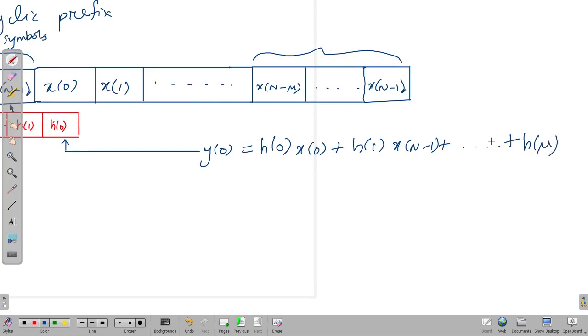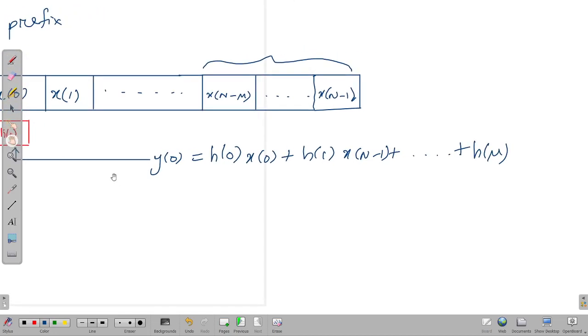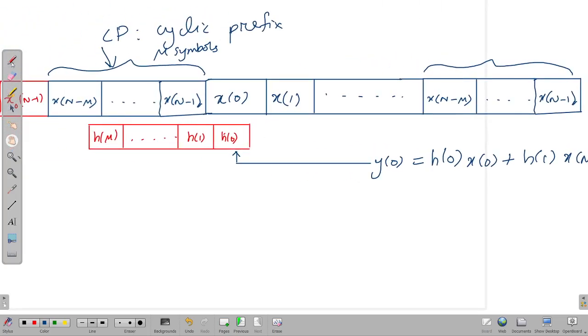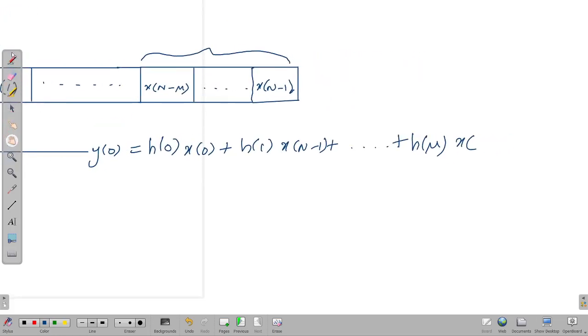So it is a mu plus 1 length channel, so it goes up to h of mu correspondingly. H of 0 is getting multiplied with x of 0, and from h of 1 to h of mu we have mu number of symbols, so you have the h of mu getting multiplied with x of n minus mu.